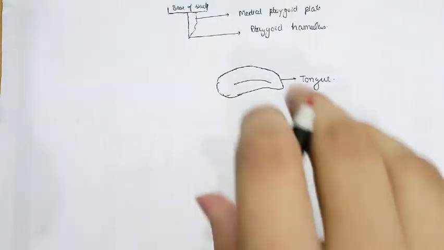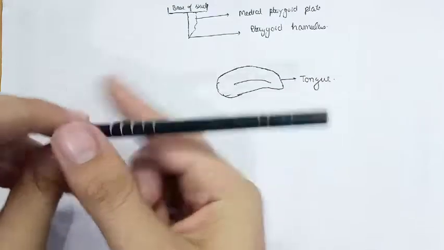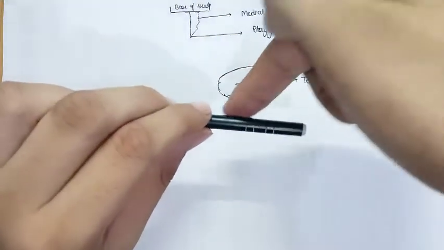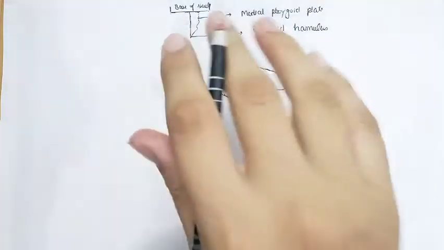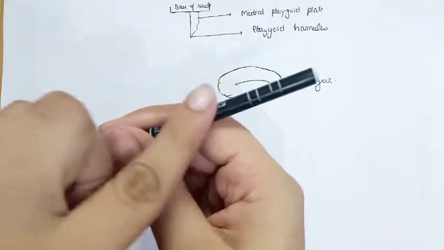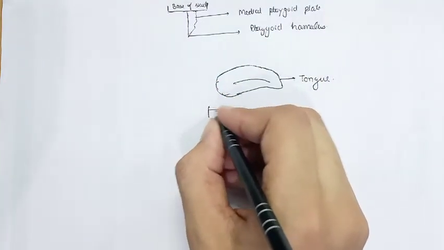We have then mandible. How is mandible located? See, suppose I am drawing the mandible like this. So this will be the lateral side and the inner will be the medial side. So the constrictors have an attachment to the medial side and not the lateral one. I am drawing just a schematic diagram. Here is the mandible.